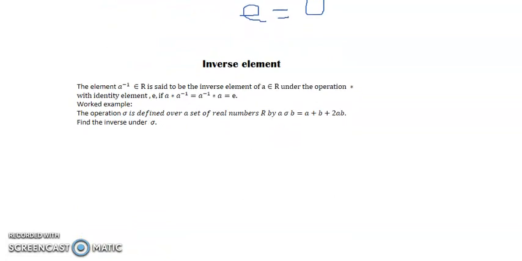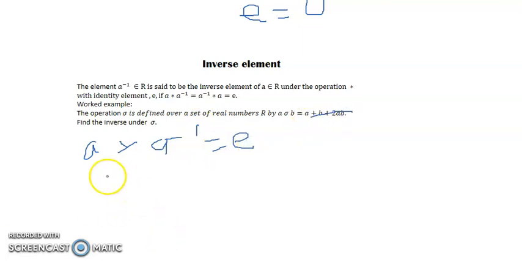Inverse element. Now the inverse element is very similar. The element A inverse in R is said to be the inverse element of A under the operation star with an identity element E if A star A inverse gives E. So let's see, according to that general operation, A star A inverse should be equal to E. Now I had E to be 0 according to this operation.